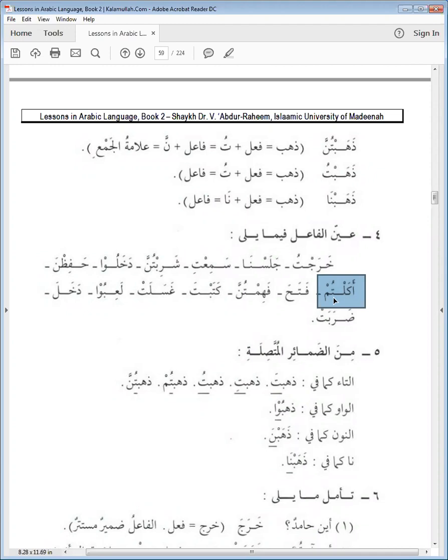Now, last one. Fataha. Where's the fi'l and where's the fa'il? Anybody want to try this? The fi'l is fataha. And where's the fa'il?